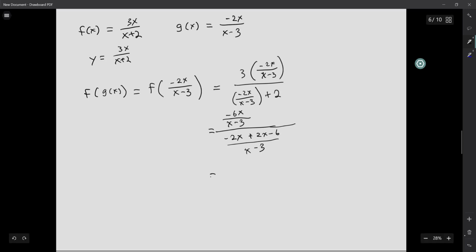And now we have a division of fractions, so we multiply by the reciprocal, x minus 3 times x minus 3 all over, let's see, we got minus 2x plus 2x, so those cancel, so I just get minus 6 here in the end. Great, so the x minus 3's will cancel, and the minus 6's will cancel, and in the very end I just have x, which is a good sign. But I need to check the opposite direction as well.